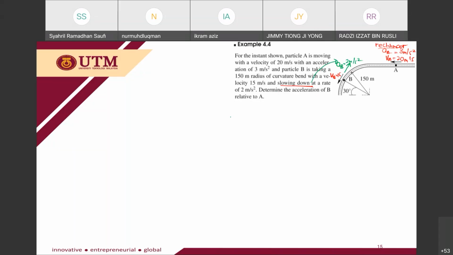The question asks you to determine the acceleration of B relative to A. So the acceleration of B relative to A is equal to acceleration of B minus acceleration of A. Rearrange the equation, you get acceleration of B is equal to acceleration of A plus acceleration of B relative to A.